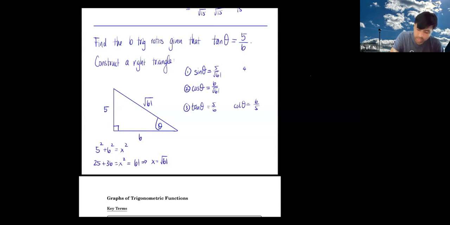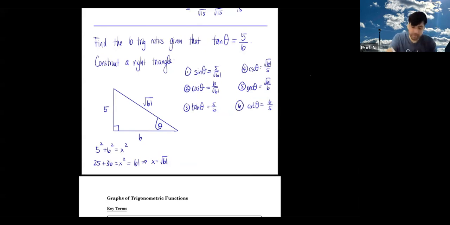If I know these, then I also know the reciprocals. So cosecant of theta is rad 61/5. And secant of theta is equal to rad 61/6. And cotangent of theta is 6/5, which we knew.